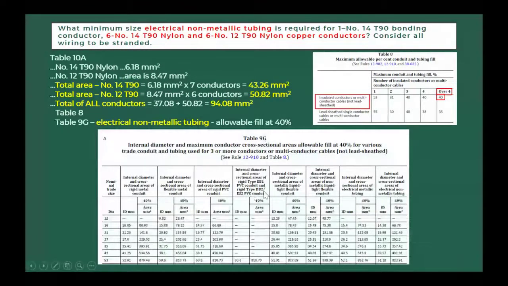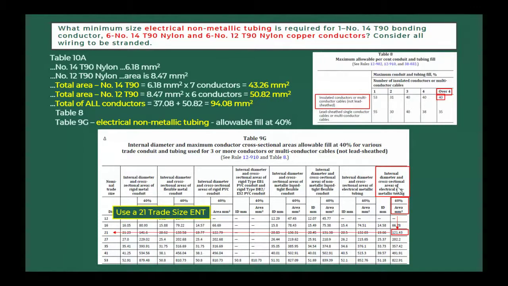Go to 9G. I'm looking up ENT, electrical non-metallic tubing, the one on the end here. You see how nicely set up it is? 40% fill, follow it down. Something greater than 94.08, I got to go to the 221.43, which again, yeah, 21 trade size. Okay.